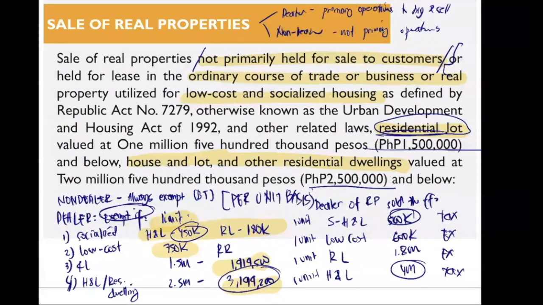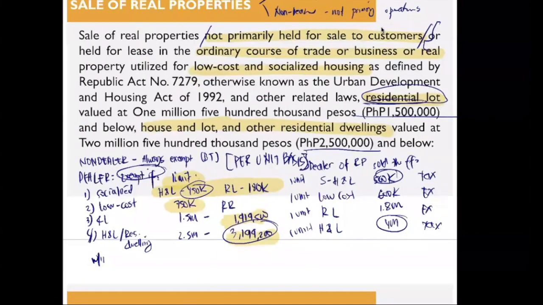The rule is that if it is within the limit, exempt. If more than the limit, it is considered taxable.